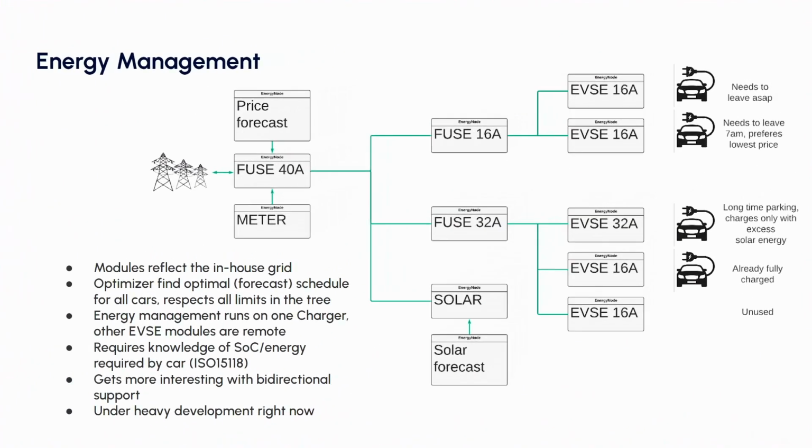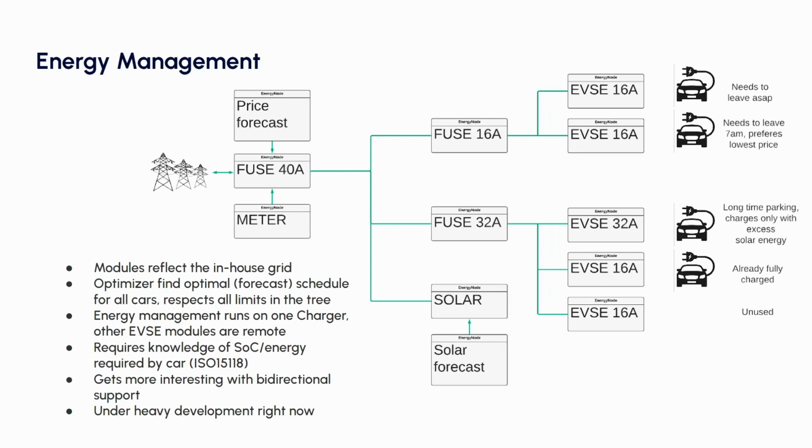One of my favorites in EVerest is actually the energy management. You can use the same mechanisms that we just showed for configuring the charging station, drag and dropping these modules and connecting them. This time not to represent the internals of the charging station, but you can also use it to represent the externals of the charging station, so the whole power distribution tree of the house.